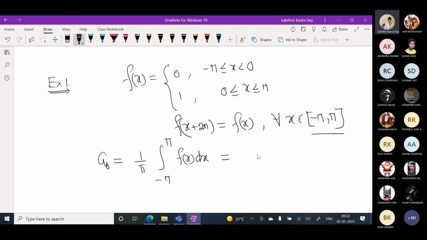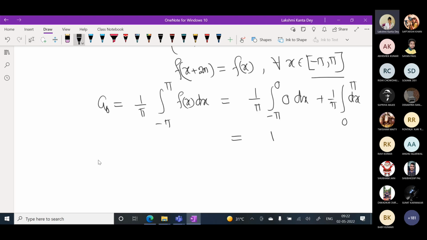Who can tell? 1, sir. 1 by pi minus pi to 0, so it will be 0 dx, plus 1 by pi 0 to pi, it will be just dx. Right? So what is this? 1. Very good.